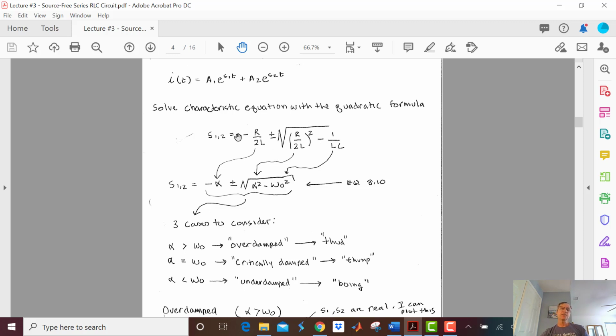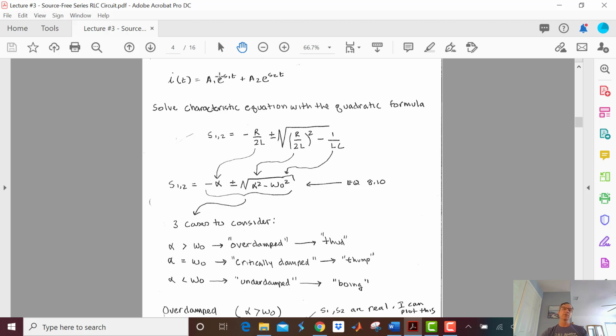So if S1 and S2 are real numbers, then let's look at i of t. Obviously, at t equals 0, this is just going to be A1 and this is A2, so the response will be A1 plus A2.